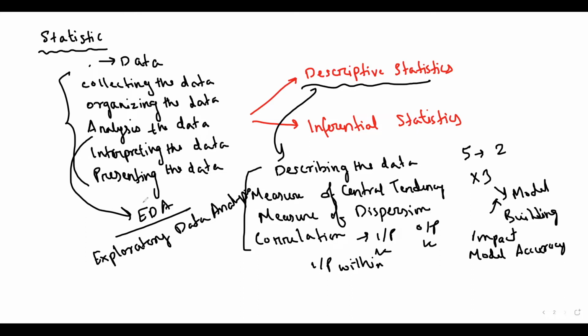And everywhere you will see me using this particular thing, because before model building, we need to do EDA on the data. We need to explore our data with the help of tables, with the help of charts, with the help of plots. We'll plot the data, we'll see the distribution of the data, how the data is distributed, right?